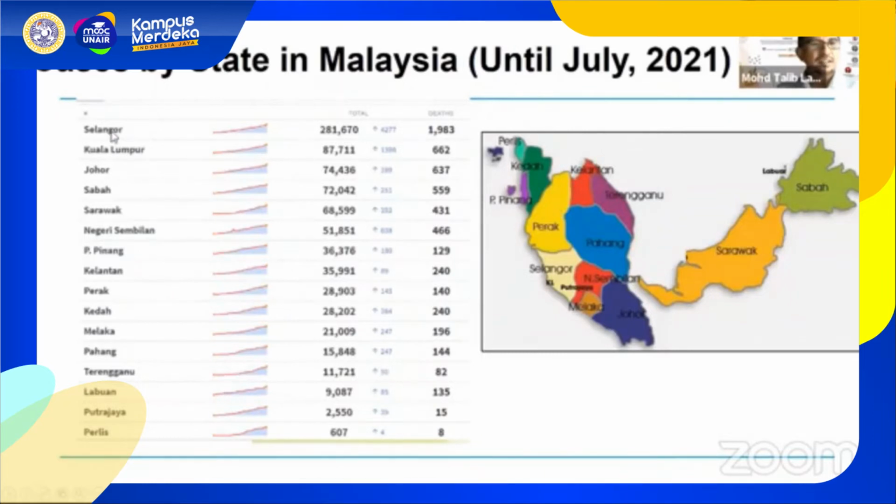I think the highest is recorded in our state here, where UKM is located, which is Selangor, and next is Kuala Lumpur. This is a federal territory, and the other states. This is because of population, I think, and also because of the conditions and location of our area. Selangor and Kuala Lumpur are located in the Klang Valley, which is a location with very high populations.